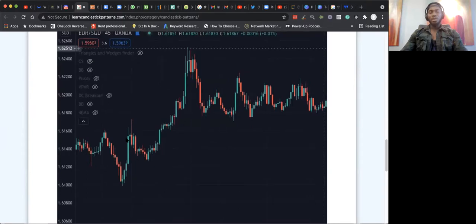All right, so we've got what is clearly a bullish trend with a channel that's formed right here with support at 1.618, which sounds like a fib level.